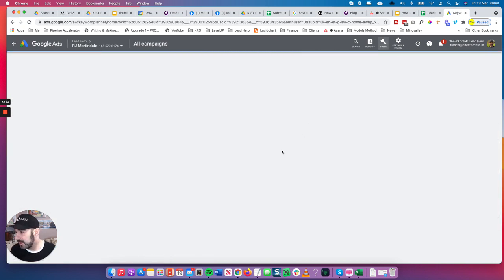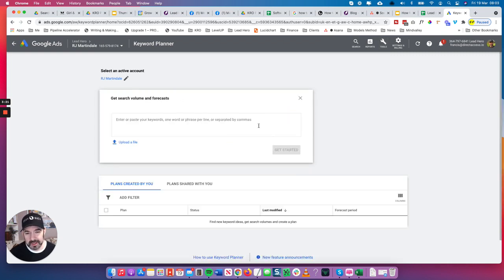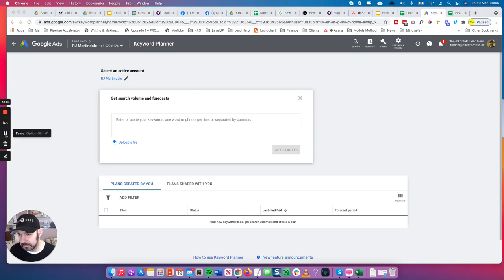Okay, let's load that up a second. And in here, we're going to look for Get Search Volume and Forecast. So this will give you an idea of who is looking for those keywords. Let's take boiler installations. So I'm going to just put in here the keywords that I want to be looking at.